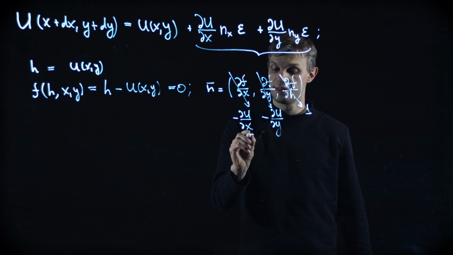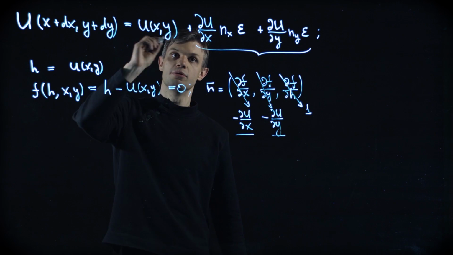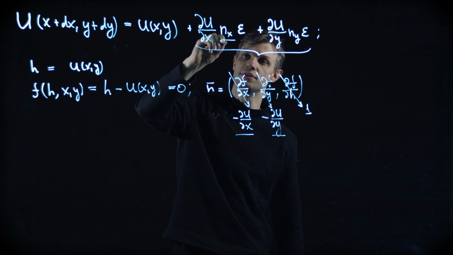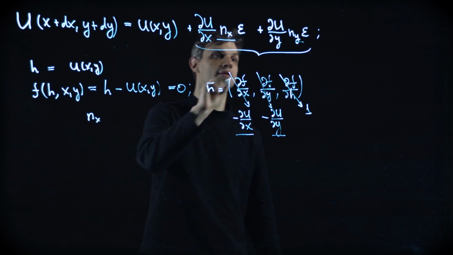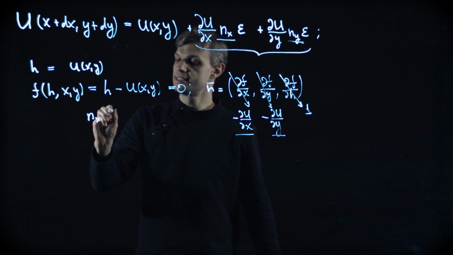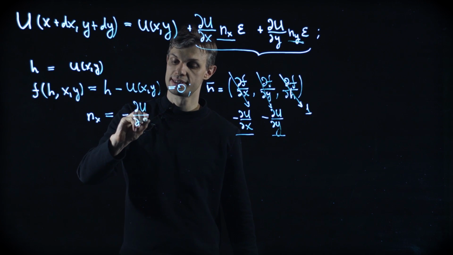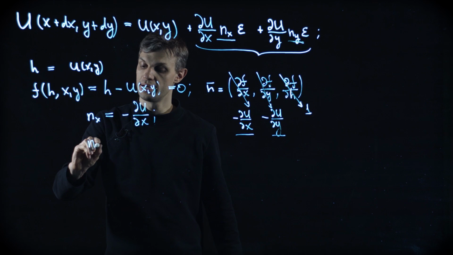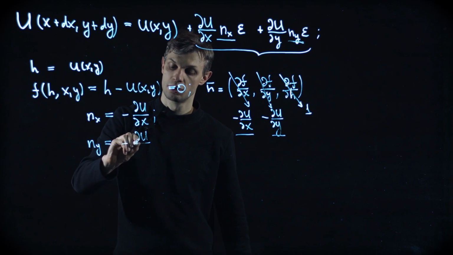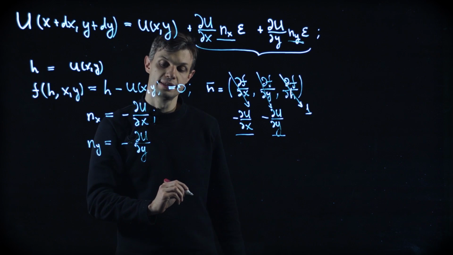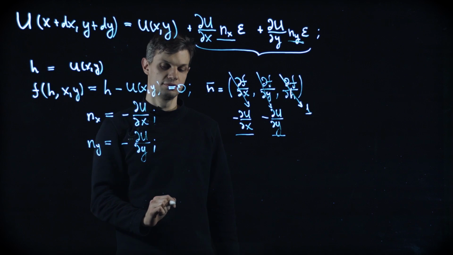So this is this projection. So now we know what our components of n vector are. So nx is simply minus du over dx, while ny is minus du over dy. So this is the steepest descent direction for the u function.